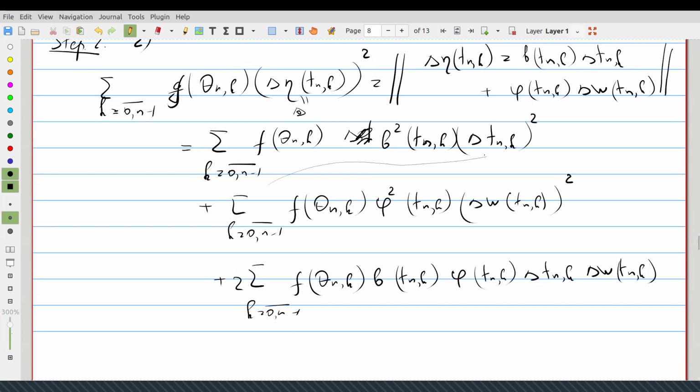So this is going to be I1, this is going to be I2, this is going to be I3. And we discuss these integrals separately.